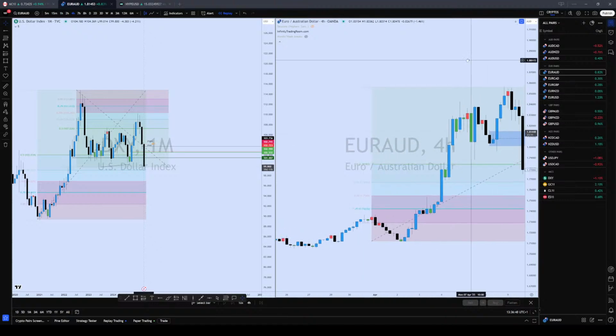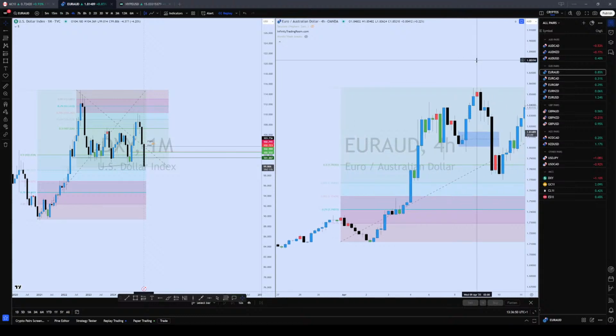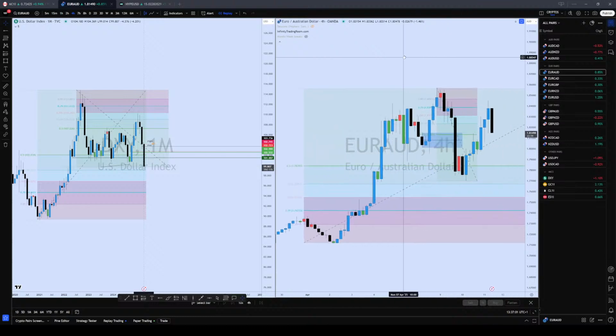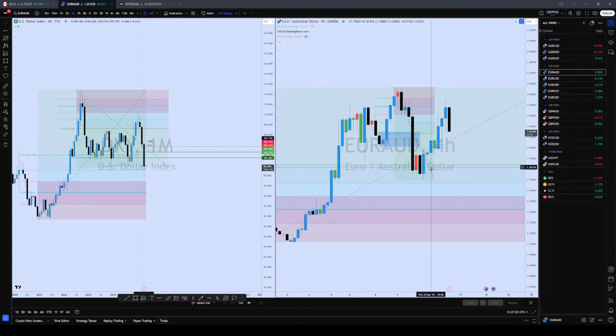Once broken, if we form a low, that low to the high gives you the same range as in the dollar index. And price is just pulling back to come down to OTE. So Euro Aussie is gonna come back down to somewhere here.